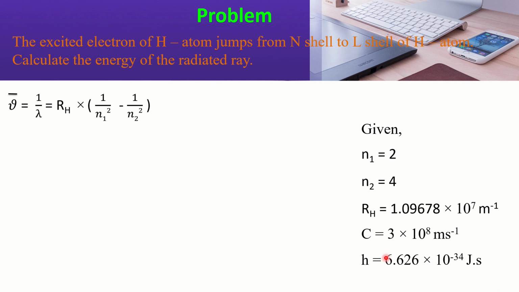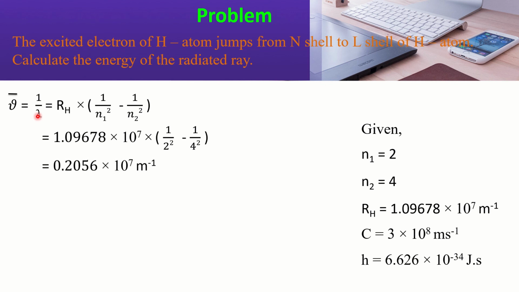We will put in the Rydberg equation, and by putting all these values, we can calculate the wave number and wavelength. We get the wave number equal to 0.2056 into 10 to the power 7 meter inverse, and the wavelength equal to 4.86 into 10 to the power minus 7 meter.